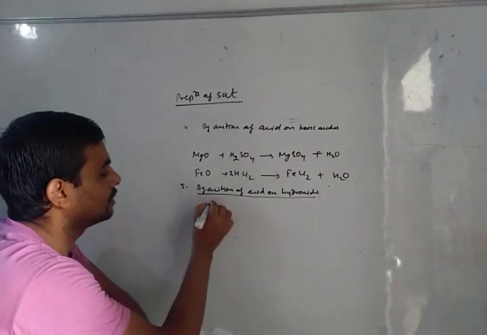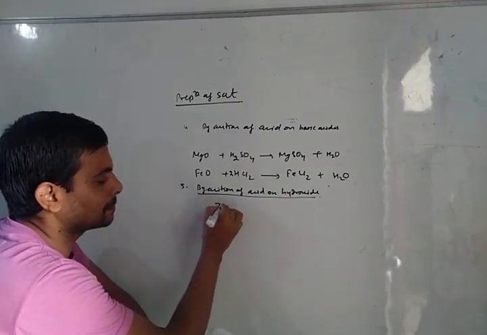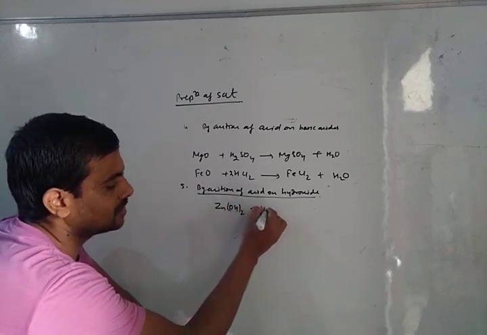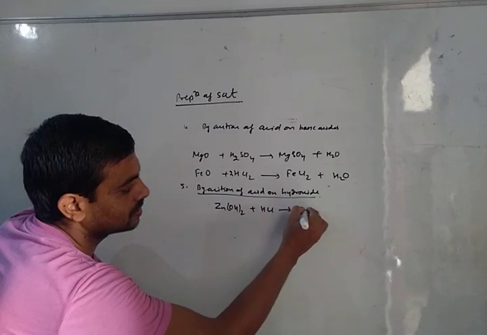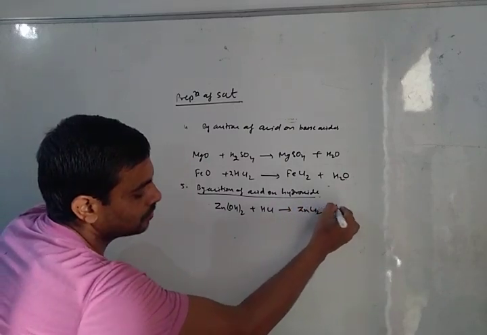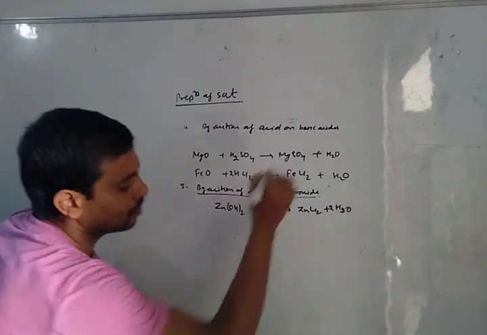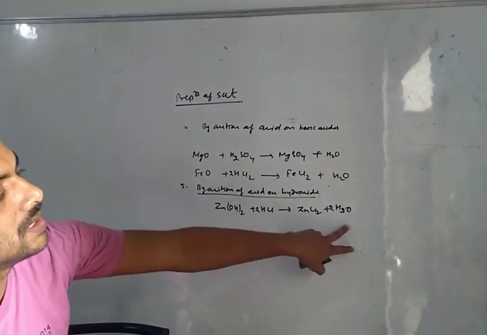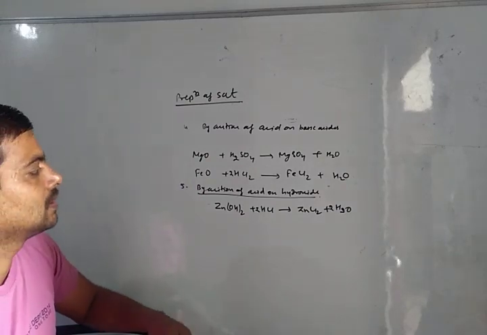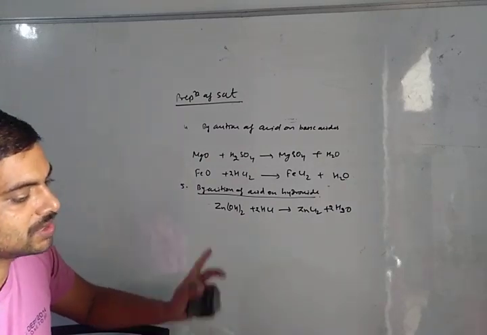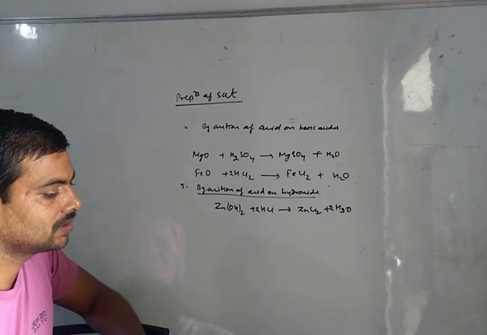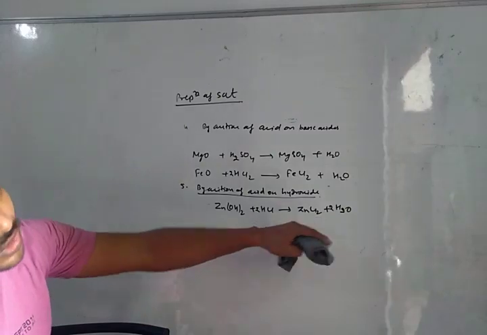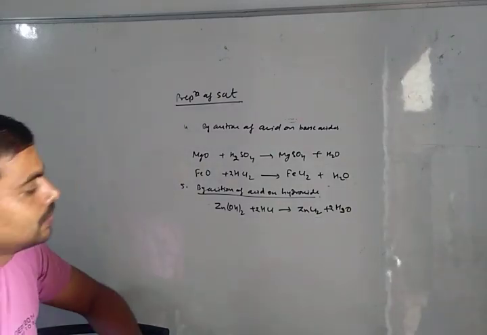For example, zinc hydroxide treated with HCl forms ZnCl2 plus 2 molecules of water. This is the example of action of acid on hydroxides. Basically the hydroxides are metal hydroxides. You may write another example also. Here a large number of water molecules get evolved.